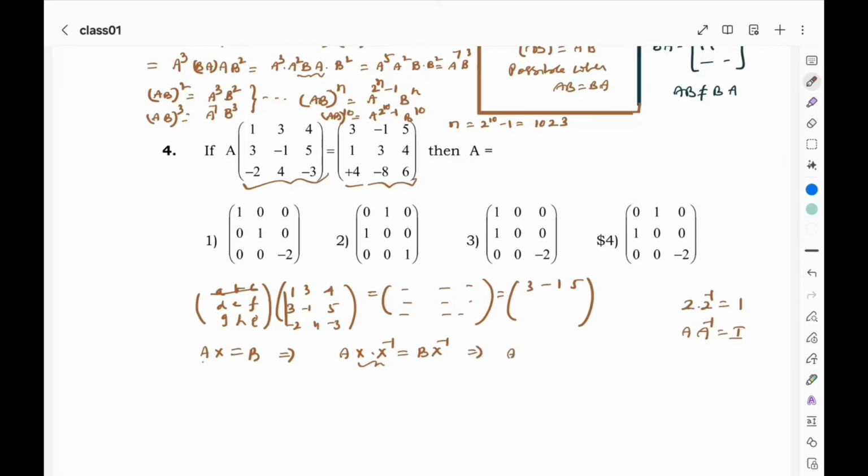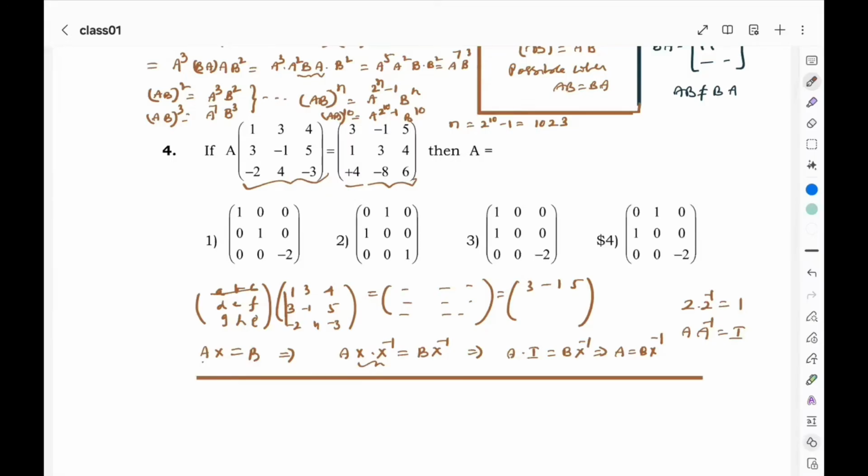From here I get A into identity is this. From here I get A as B X inverse. So for this matrix you have to find the inverse and then multiply, and we get the required result. This is another idea of solving the same problem.